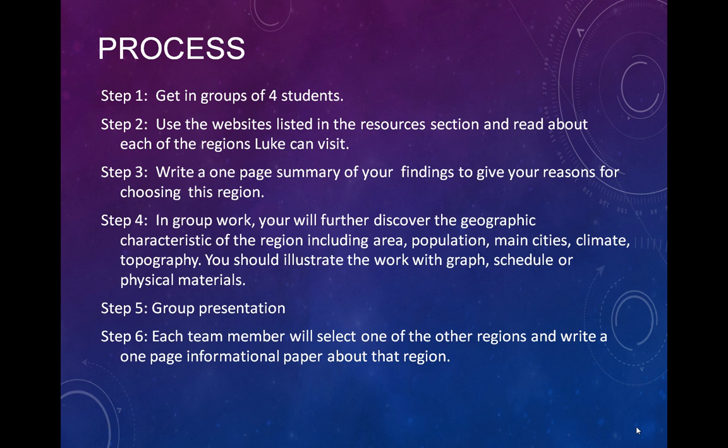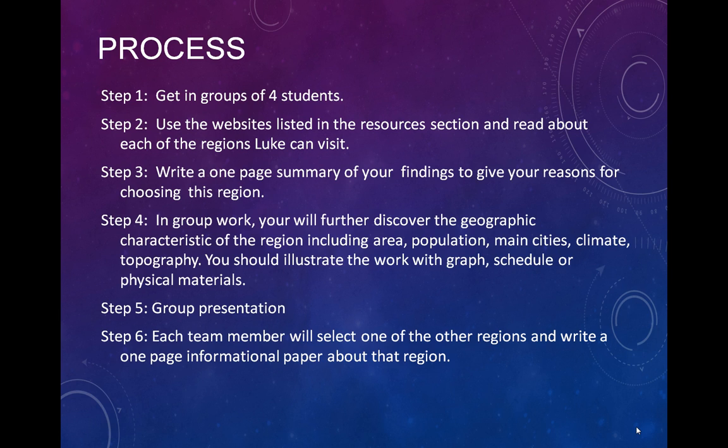The fourth step is, in the group work, the students will further discover the geographic characteristics of the region, including survey area, population, main cities, climate, and topography. They need to illustrate the work with graphs, like a rainfall chart, or any other physical materials.